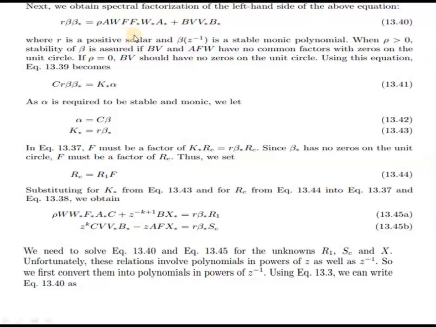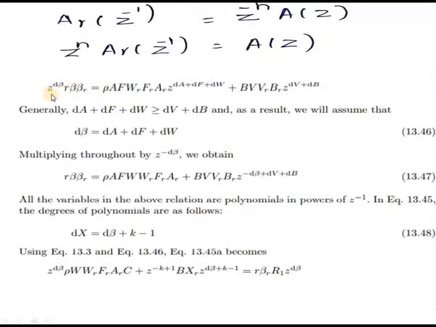With this, here you can see, which I said earlier, that B star becomes B_R into z raised to beta. At the same time W star, F star and A star become W_R F_R A_R, and we just add all the terms, that is d_A plus d_F plus d_W. Likewise this V star becomes V_R into z raised to d_V, and B star becomes B_R into z raised to d_B. But we have to collect all the terms of z, that is d_V plus d_B.